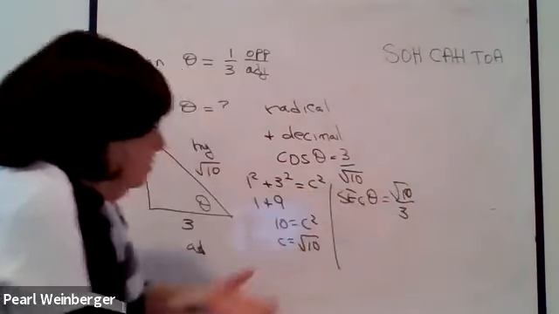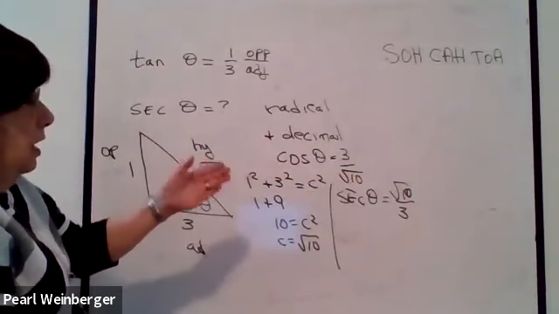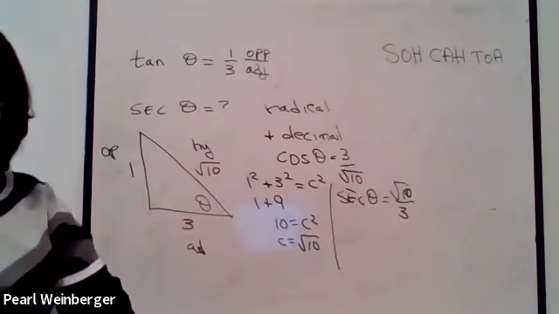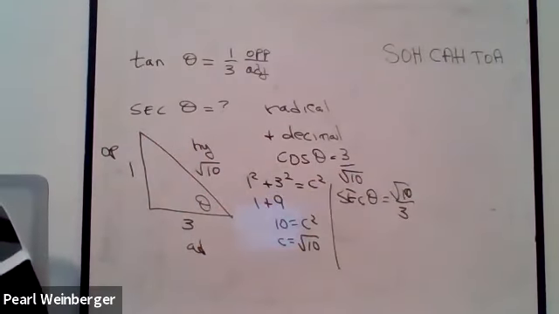Now, that's the answer in radical form. I can't even simplify that because, first of all, the radical's on top, so that's good. And the square root of 10 can't be simplified any further. So my answer in radical form is the square root of 10 over 3.